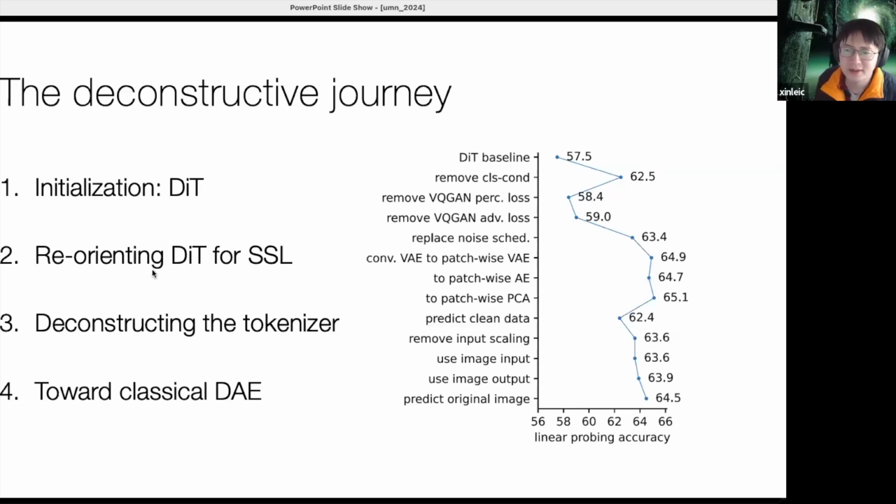In particular, we find that there's some trade-off between this diffusion transformer and self-supervised learning. So the trade-off in design: one design can be particularly good for generation, but not good for understanding. And if we tune the knob, then it will be better for understanding, but worse for generation.